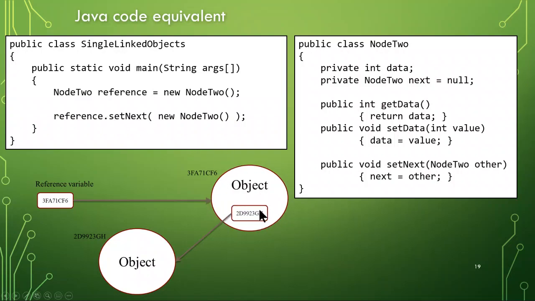It'll then go set next, which is this thing in here. I'm visualizing the node2 as this square box. And then what's passed in here is another new, making a new object from right here, and then the address of where that object is created is passed in. So going to the set next, going to the other, copied from other into next, which is what you see here, and you see that's going to the object that was stored. This was the one that was created right here.